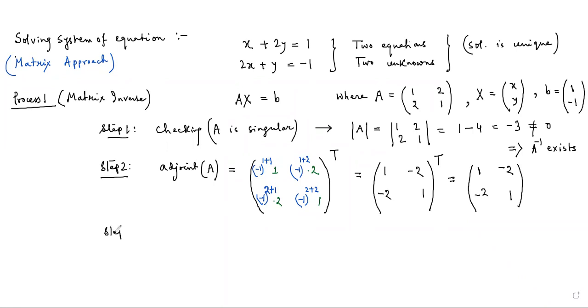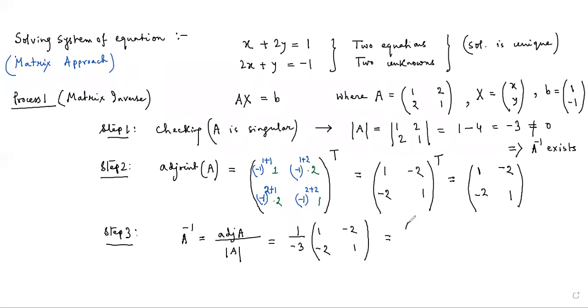Step number 3 gives you the formula for calculating the inverse of the matrix. The formula is given by the following: it is adjoint of A divided by determinant of A, and determinant of A is -3, so we write 1 by -3, and this multiplies the entire matrix 1, -2 and -2, 1.